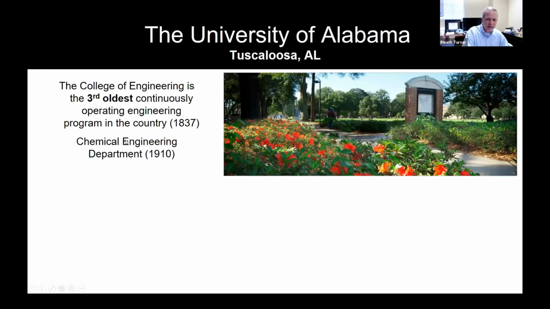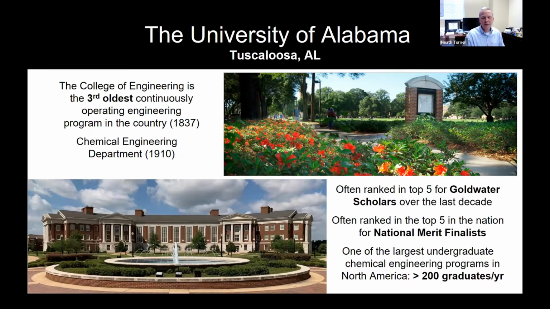So before I get started, I wanted to tell just a little bit about the University of Alabama. We're one of the oldest colleges of engineering in the United States. We're the third oldest in the country. And if you look up the University of Alabama, probably the first thing that you'll find is football and our success in football. But we're also very proud of a lot of the academic accomplishments at our university.